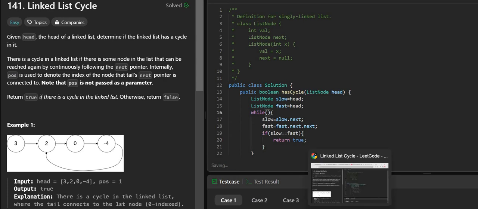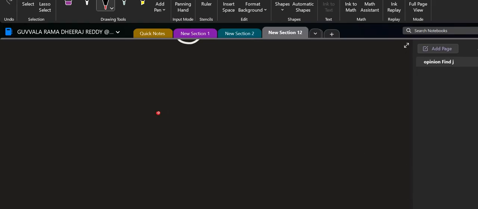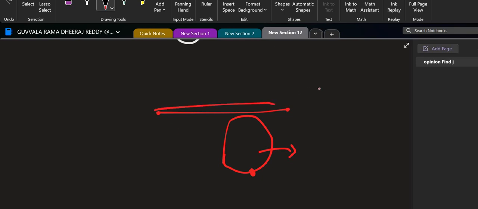And what will be the condition here? If there is a loop, it will not go out of the loop until they meet at the same point. Then only they can go out of the loop. But if there is no loop, there will be a straight length. Fast may go to the last point, or fast may go out of the linked list, to none.